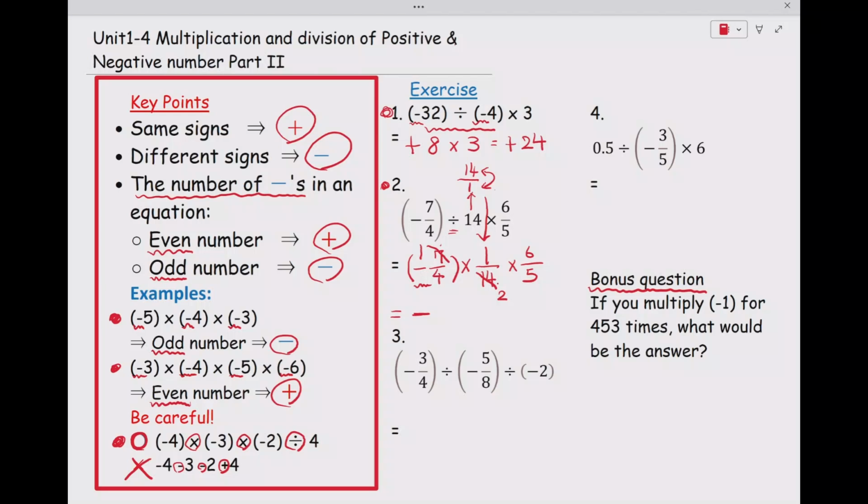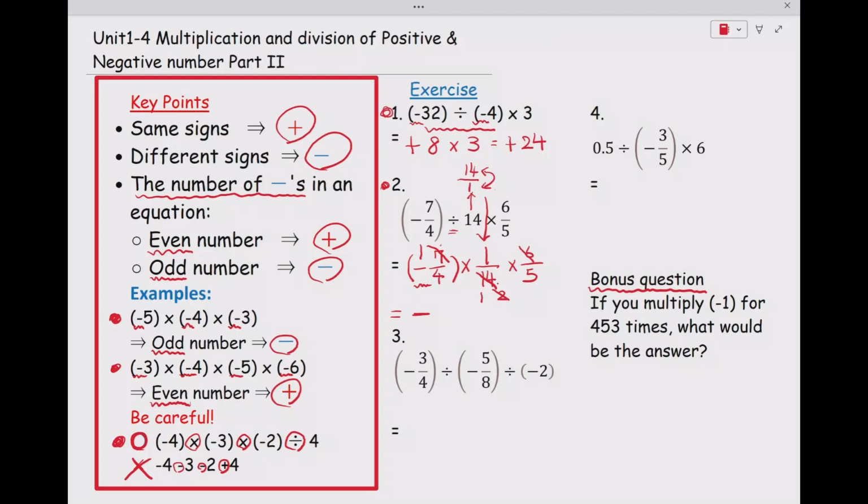Next, let's see what else is divisible. 2, the denominator of the second number, and 6, the numerator of the last number, are both divisible by 2, aren't they? So let's divide them by 2.